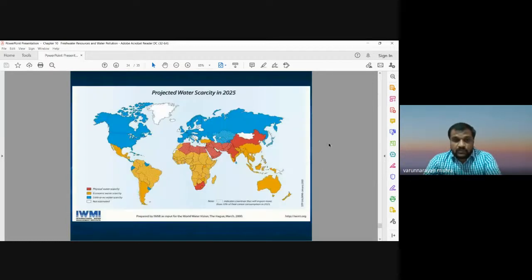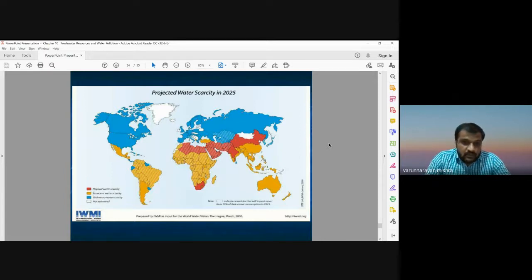And moving to the next slide. So this is the projected scenario of the water scarcity worldwide in 2025. So you see the red area, the red patches, the portion having red color, there is a possibility of high water scarcity by 2025.